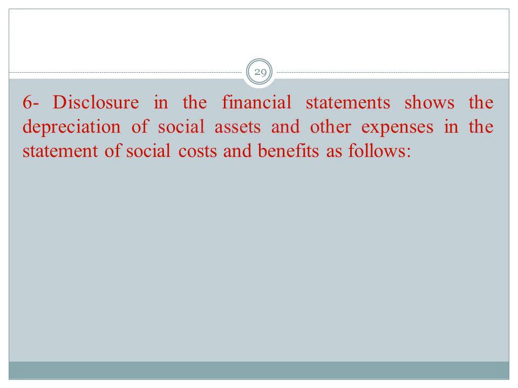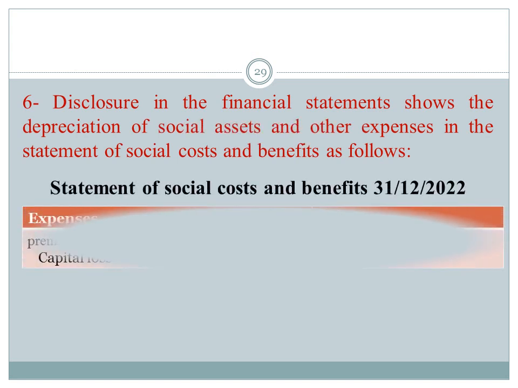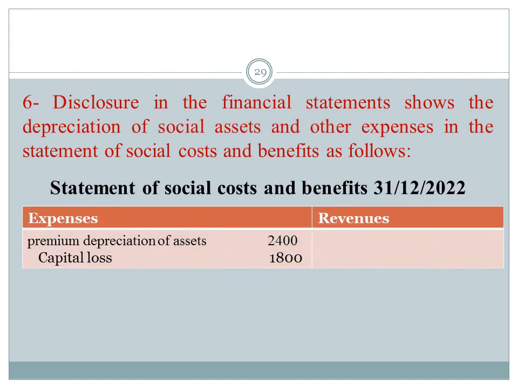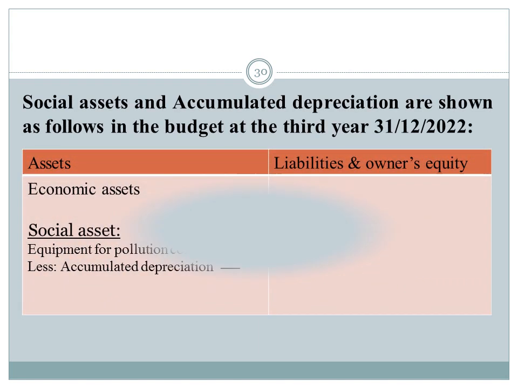At the end of third year, expenses, premium depreciation of assets plus capital losses. According to the balance sheet, there aren't any assets appearing in this statement because we sold social assets.